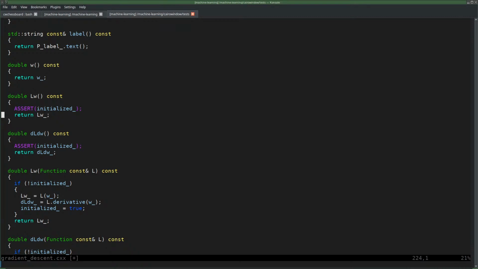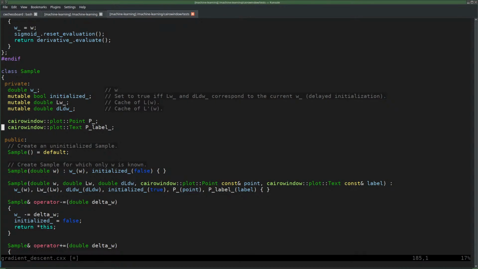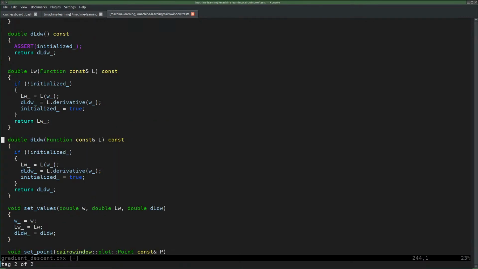Gradient descent, is this sample. Okay, so this is just using initialized. Yeah.